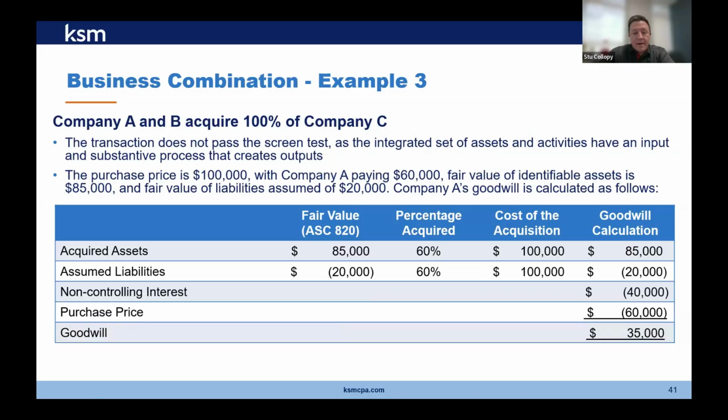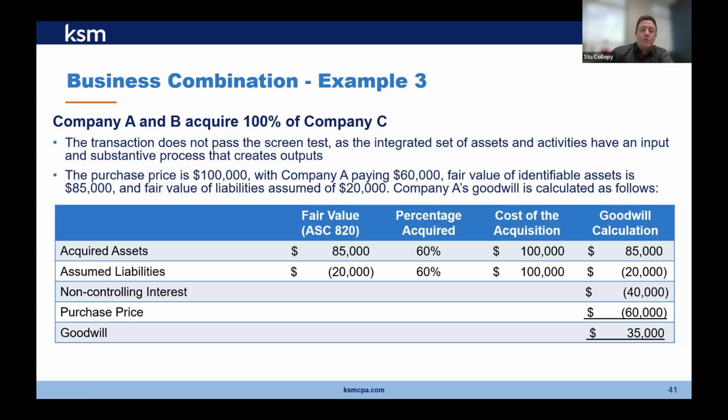The third example is if there is a non-controlling interest. So a lot of the same facts as the previous examples. But in this case, there is a second company here. So company B is going to pay 40,000, whereas company A is going to pay 100,000.